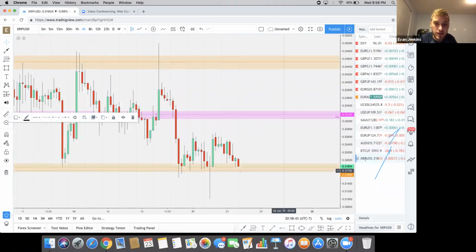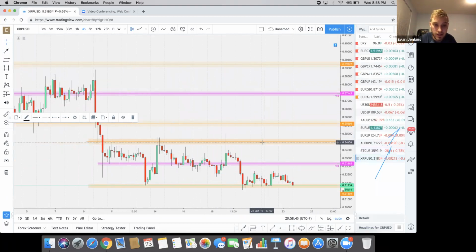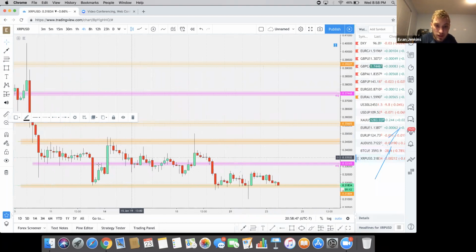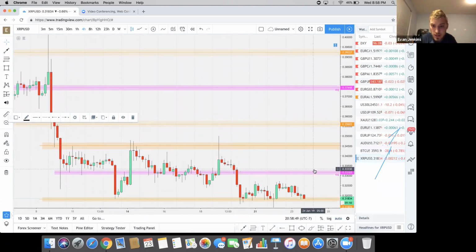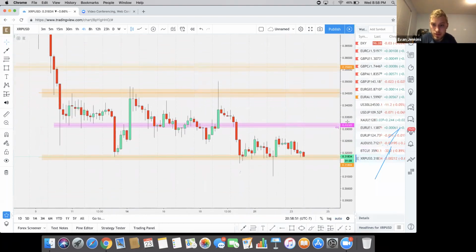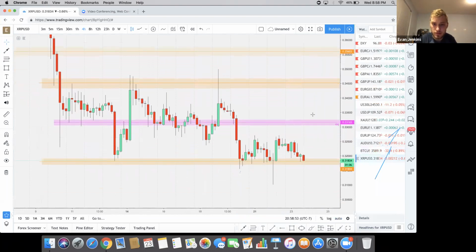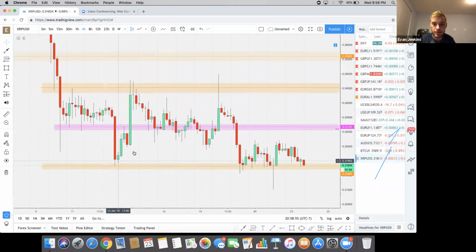And then XRP, same thing, looks literally almost the exact same. So a lot of these cryptos look really, really similar to each other. So see, we're creating this floor. This one right here was actually a stop hunt. So they collected all the stops, got all the sell stop orders, and we're getting people to go short. They reversed the market, brought it back up.